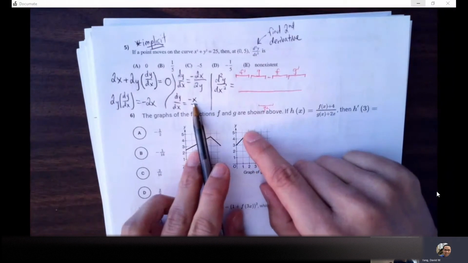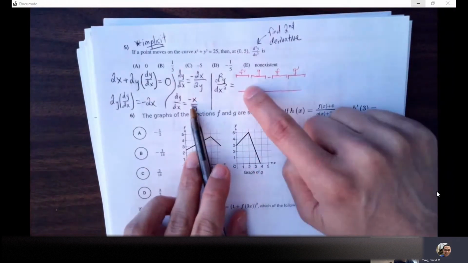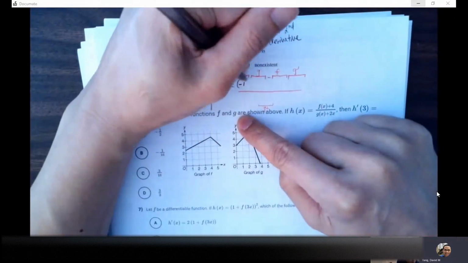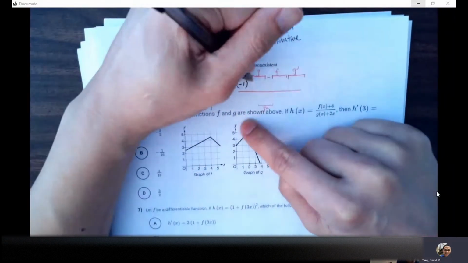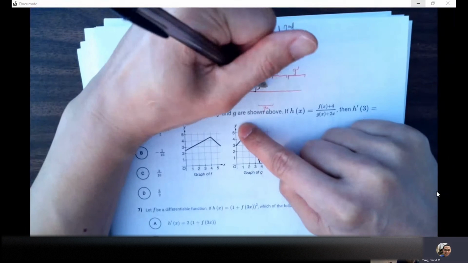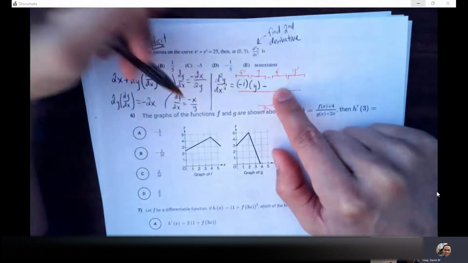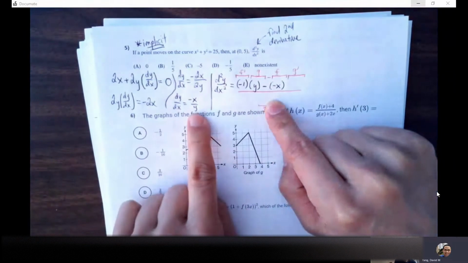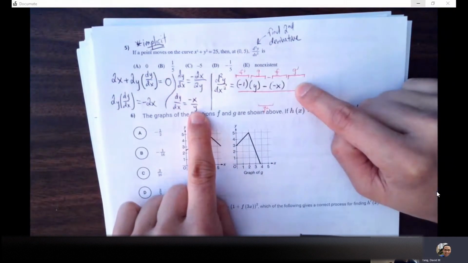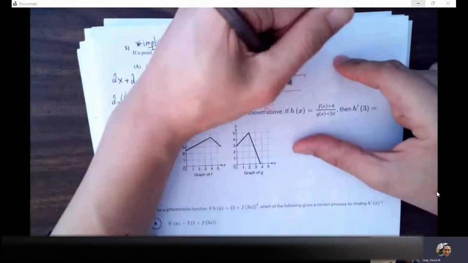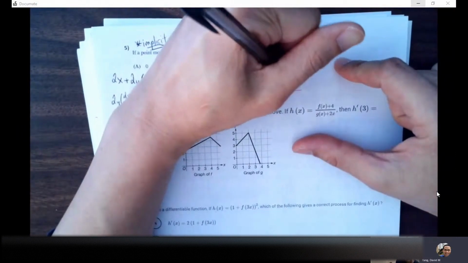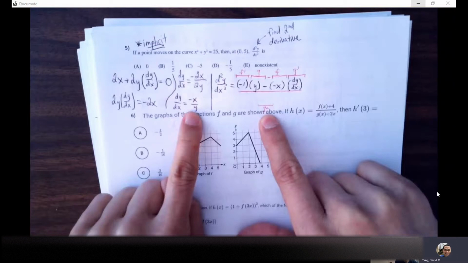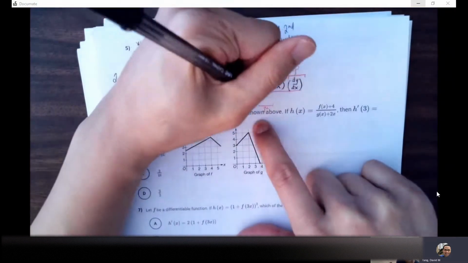The numerator is the f, the denominator is the g, so f prime, the derivative of negative x, is just negative 1. The g function remains as y. Back to f, negative x. And then g prime is y's derivative, so the derivative of y is just dy dx. All over my denominator squared, so my denominator is y, so y squared.